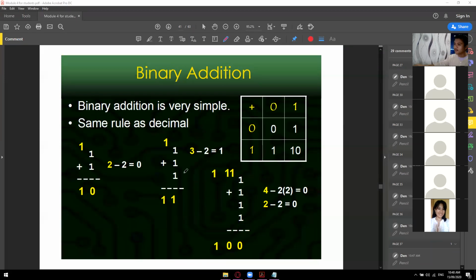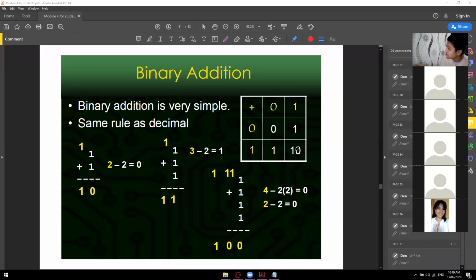Okay, so bago tayo pumunta dito sa part na to, dito muna tayo sa table. Okay, so 0 plus 0 is still 0. And then 1 plus 1 is 10.